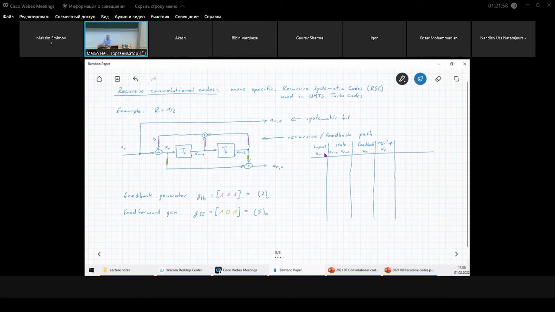Next would be interesting the following state. Well, and finally, of course, we are also interested in the encoder outputs, a(r)1 and a(r)2.